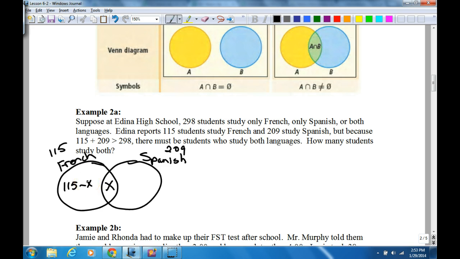Okay? How about just study Spanish? 209 minus x. Good. Okay? So now we want to find the number of students who study French or Spanish. Okay? F-U-S, fuss. So that would be the same as adding all three of these things together.